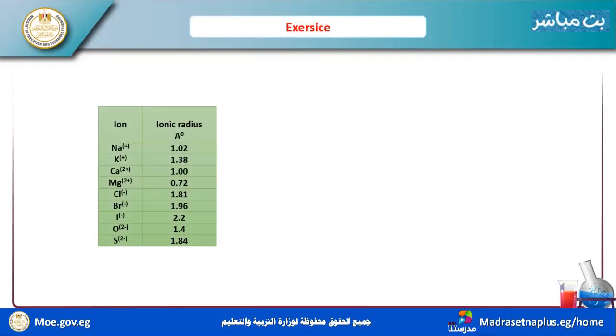Exercise: we have some ions like Na positive, K positive, Mg positive 2, Cl negative, Br negative 1, iodine negative 1, oxygen negative 2, sulfur negative 2, and these numbers are the ionic radii of these cations and anions.